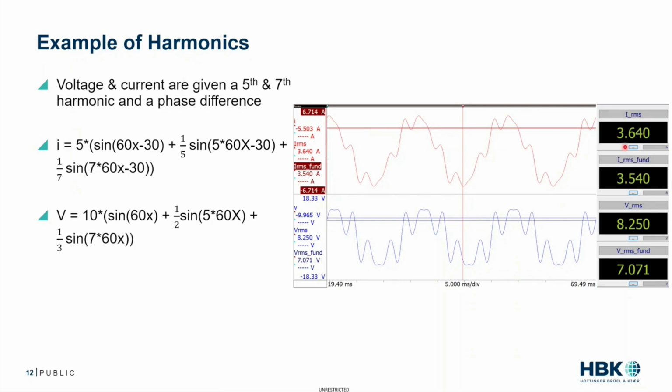And we look at the RMS value. We get 3.64 for current and 8.25 for voltage. This is that RMS calculation. Now, if we were to do the RMS of just the fundamental value, we get 3.54 and 7.07 again, same values we had last time. So we have to ask ourselves, which one am I interested in?